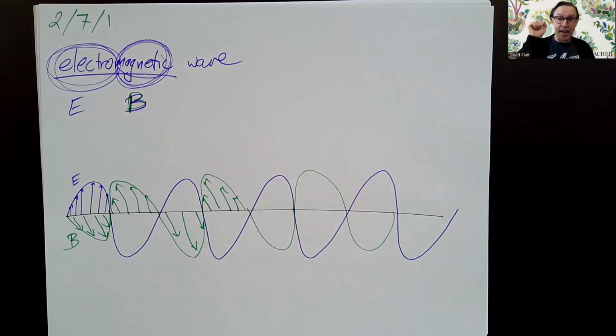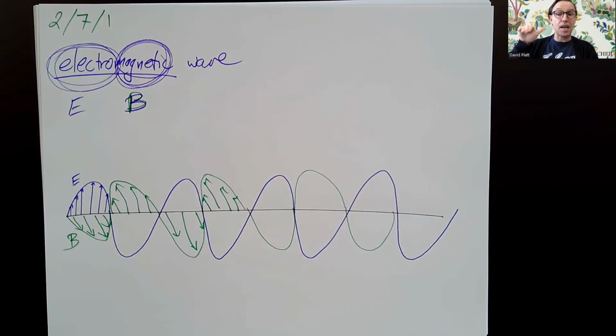If we get out our right hand, not our left hand, don't use that one. If we get out our right hand and just go like this, and then like this, and then look at our thumb. So fingers up, fingers bent, thumb. That's the order. Fingers up, fingers bent, thumb.